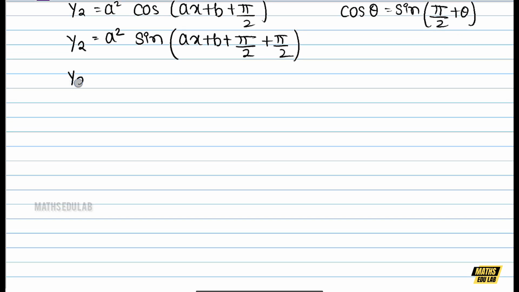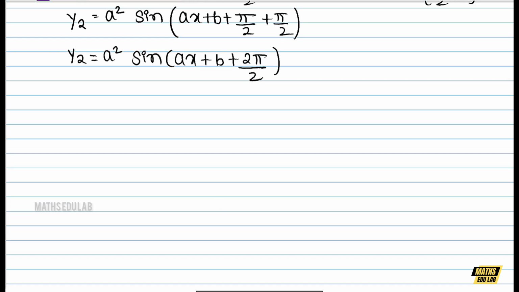Then y2 is equals to a square sine(ax + b + 2 pi by 2). This is the second derivative of the given equation.